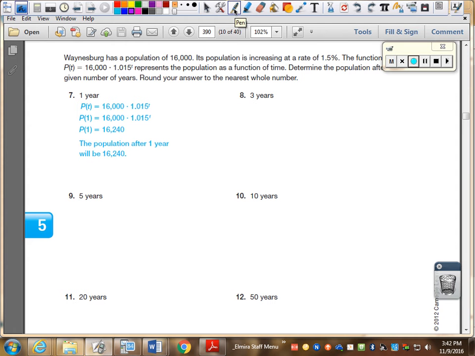So, you know what I would honestly do for each of these is write P of 3, here's the equation, equals $16,000 times 1.015 to the third power.